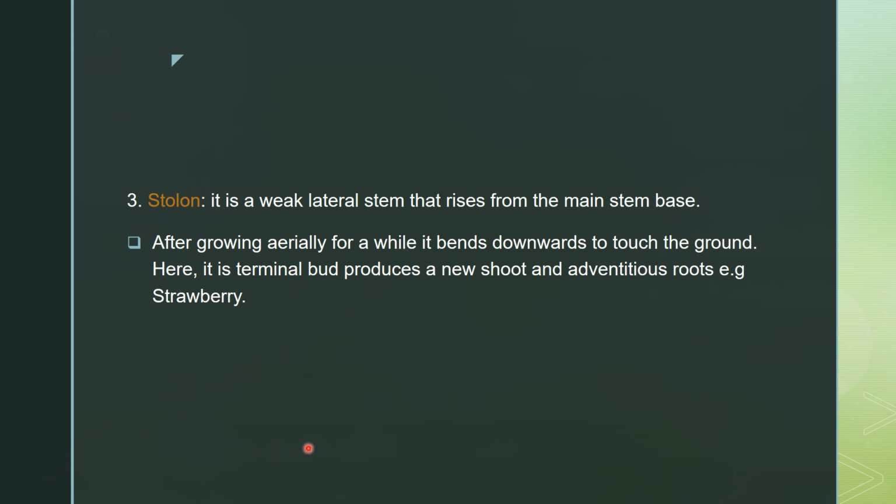It grows aerially. Let us draw it. If you imagine, this is the ground surface, and this is the mother plant. This type of stem is a weak lateral stem.